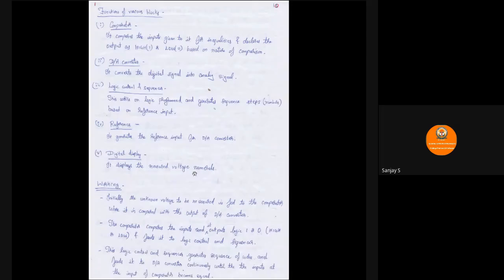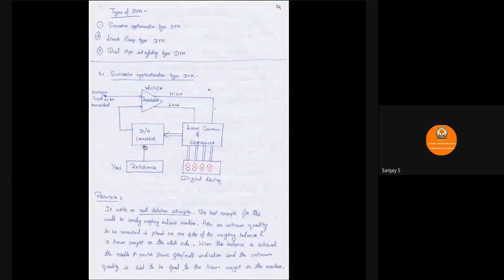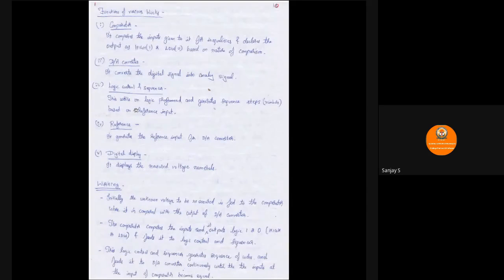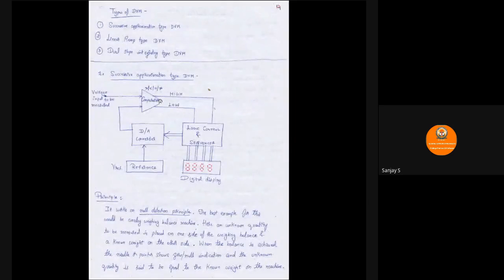Coming to the working, initially the unknown input voltage to be measured is fed to the comparator, and the output of the D2A converter is also fed to the comparator. Whenever the two inputs are compared and are unequal, it will indicate high as the output, and this is fed to the logic control and sequencer.